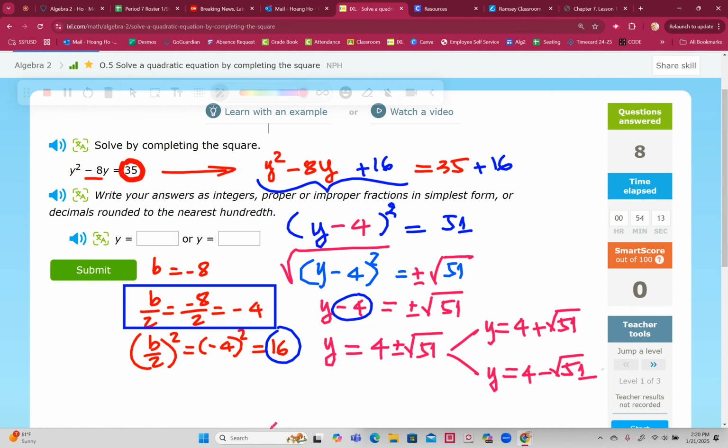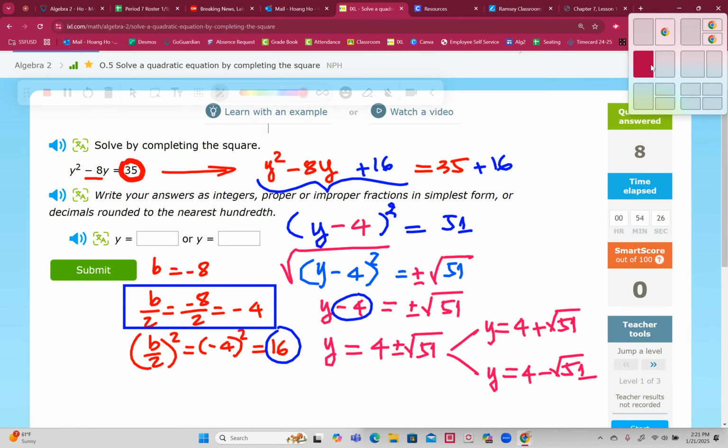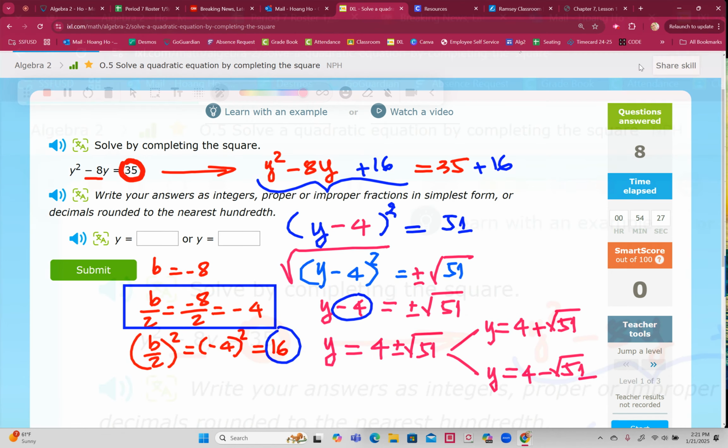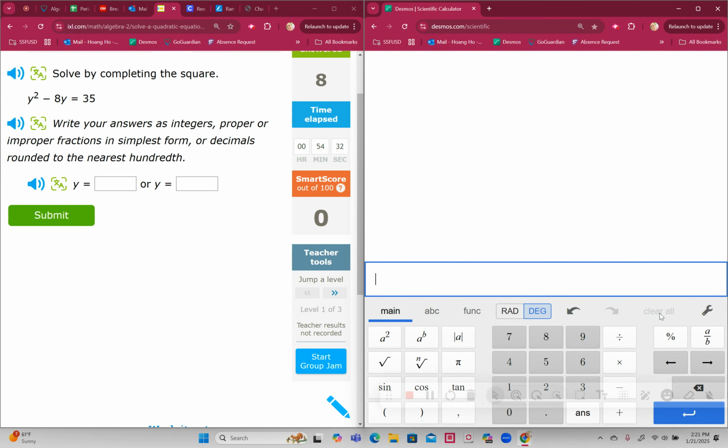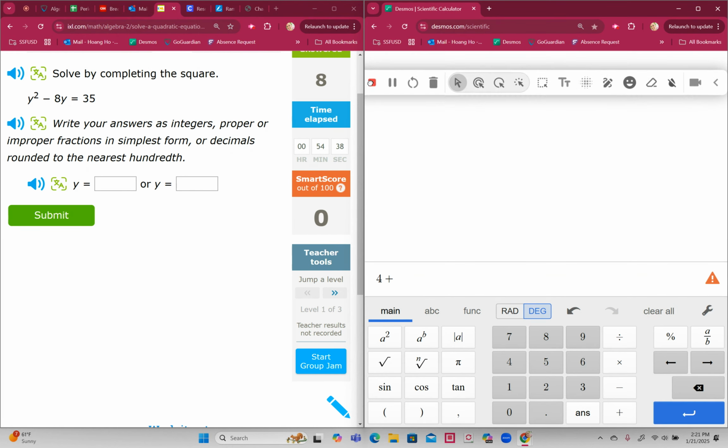Okay, that's it. So I'm gonna punch it in my calculator. I can do the split screen right here. Okay, I got my calculator. I can clear everything. Okay, 4 plus square root of 51.